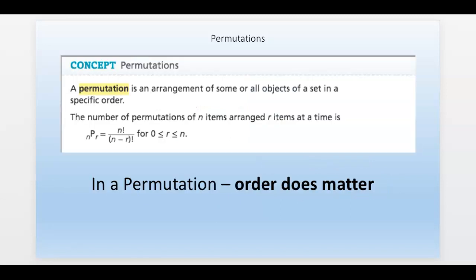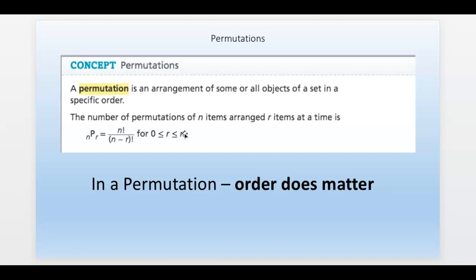In a permutation, the definition is an arrangement of some or all objects of a set in a specific order. The formula is right here. Again, r has to be less than n, but greater than 0. And r is a subset of n.